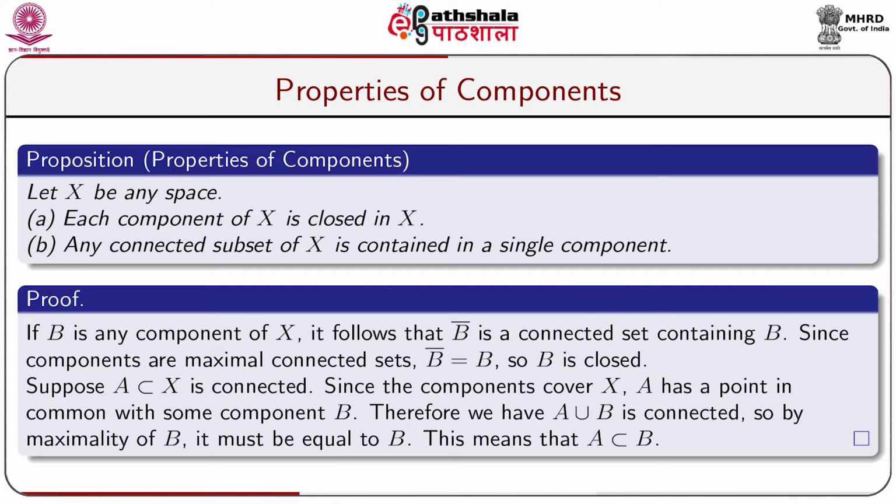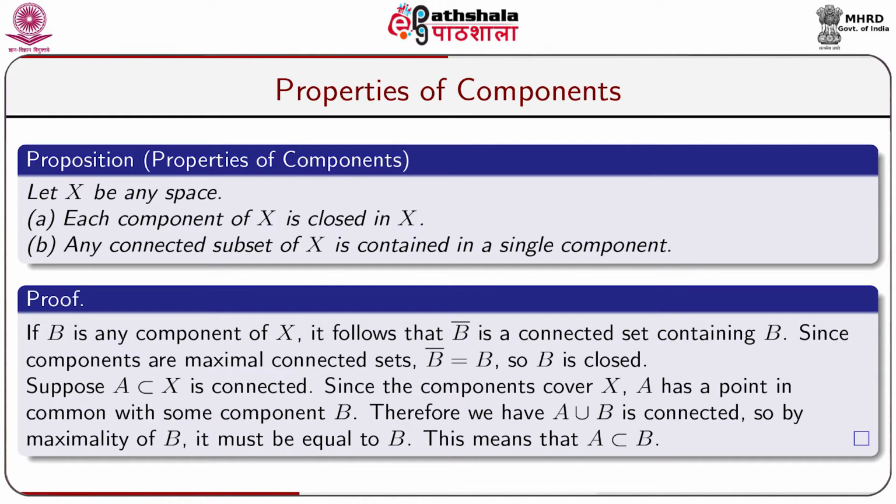For the proof that every component is closed, we recall the fact that the closure of any connected subset is connected. Since components are maximal connected subsets of the topological space, the closure will be connected.